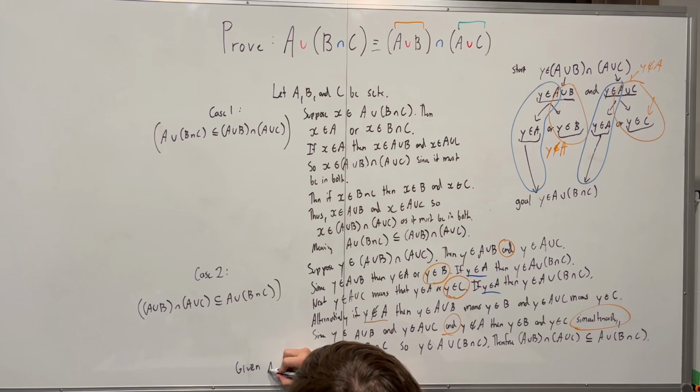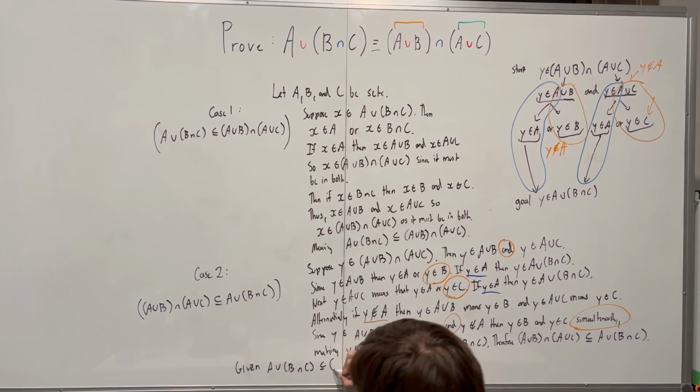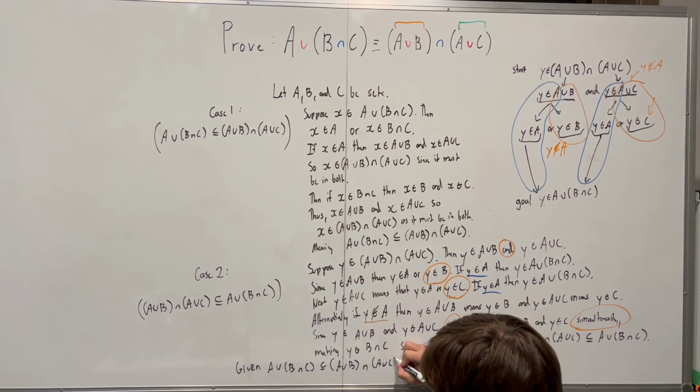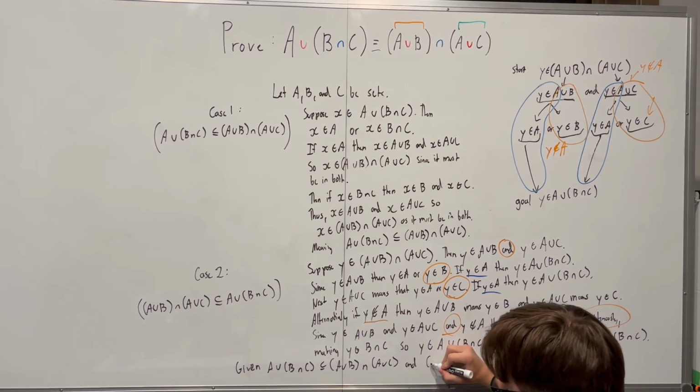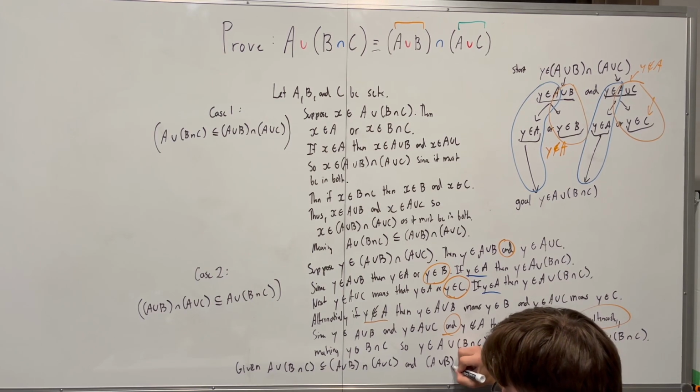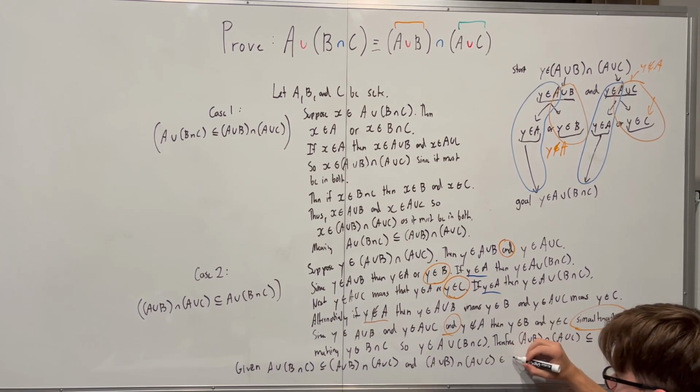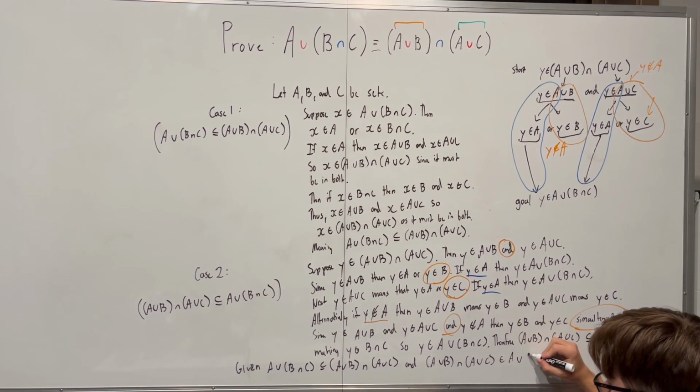Given A union B intersect C is an element of A union B intersect A union C, and A union B intersect A union C is an element of A union B.